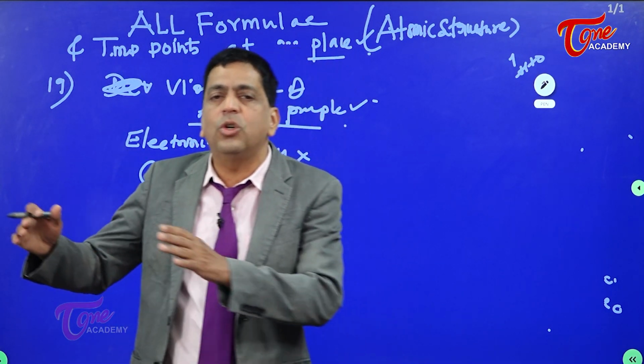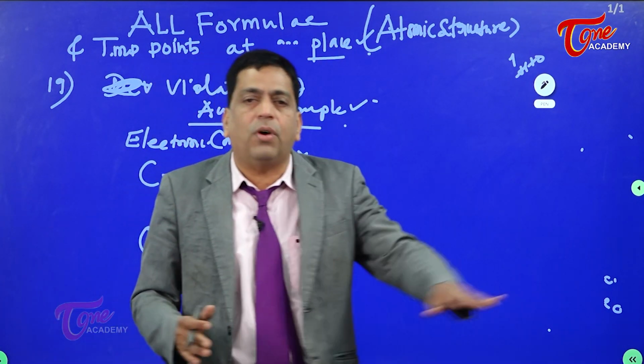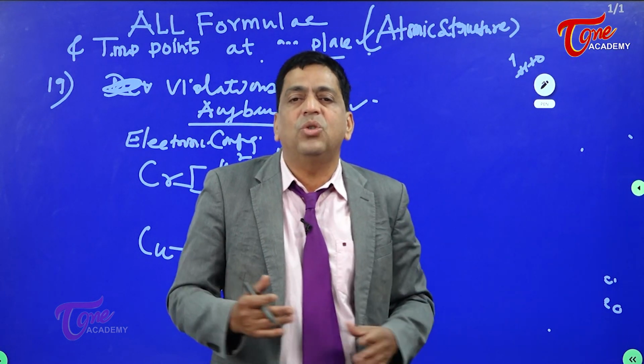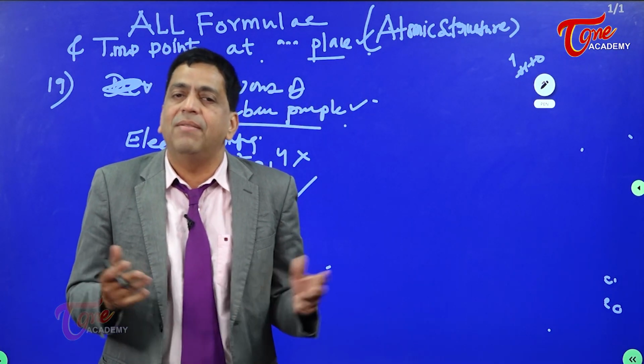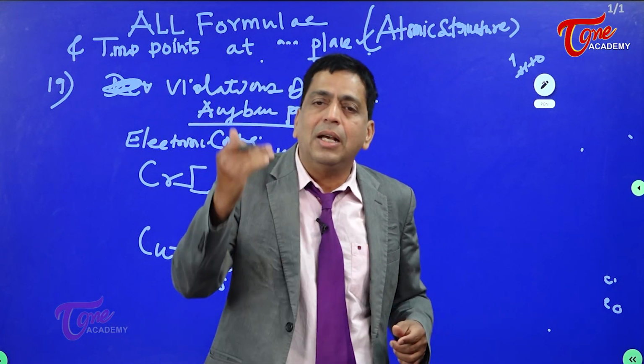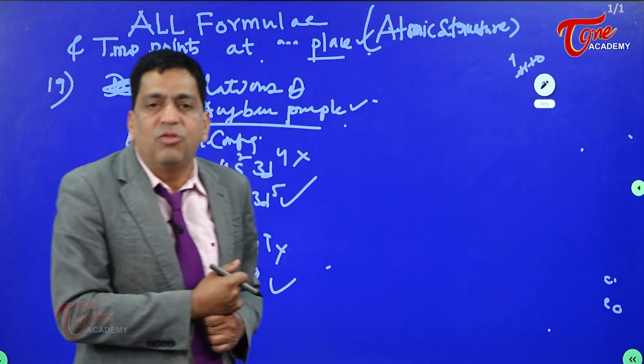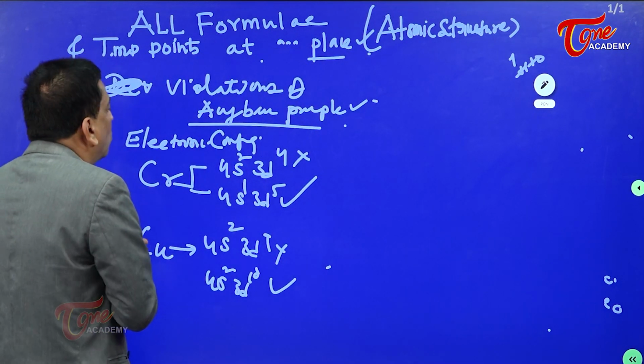As you move far away from the nucleus, the energy difference between the shells decreases, and naturally the energy difference between the subshells also decreases. So you have violations here.